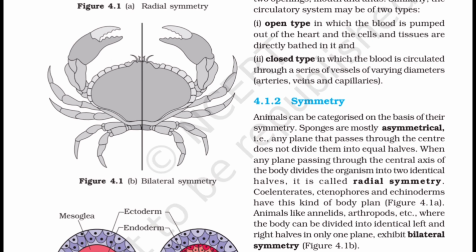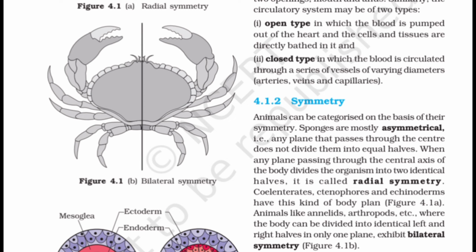Then symmetry. Animals can be categorized on the basis of their symmetry. Sponges are mostly asymmetrical, that is, any plane that passes through the center does not divide them into equal halves. When any plane passing through the central axis of the body divides the organism into two identical halves, it is called radial symmetry.